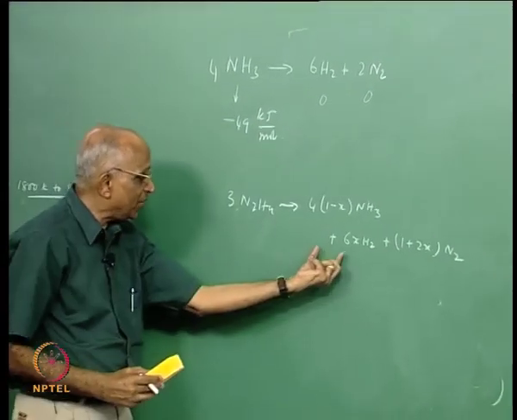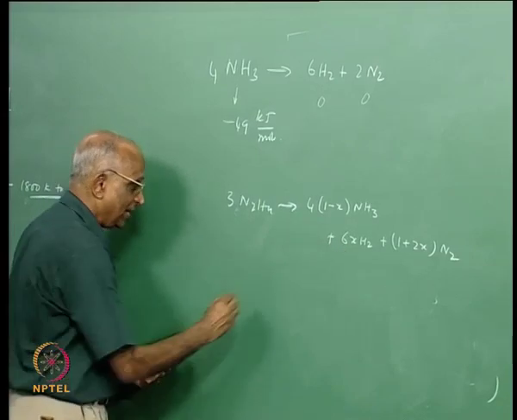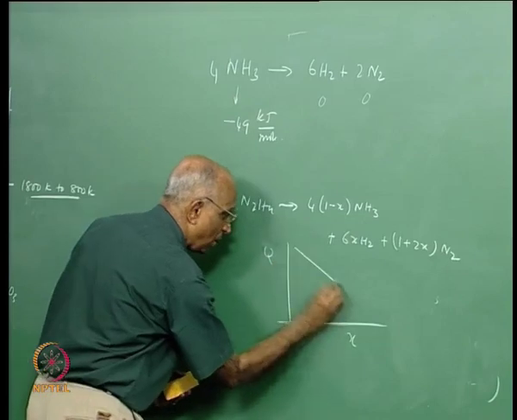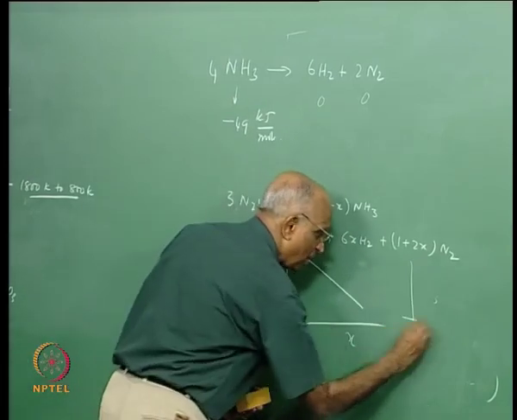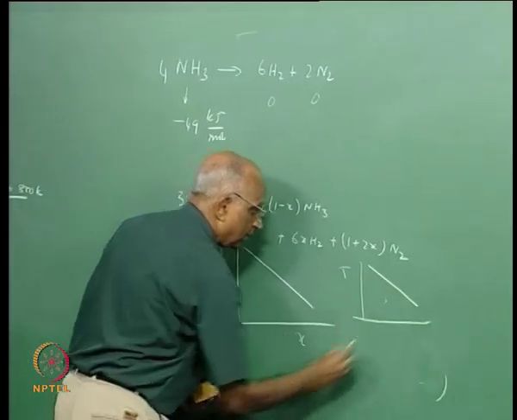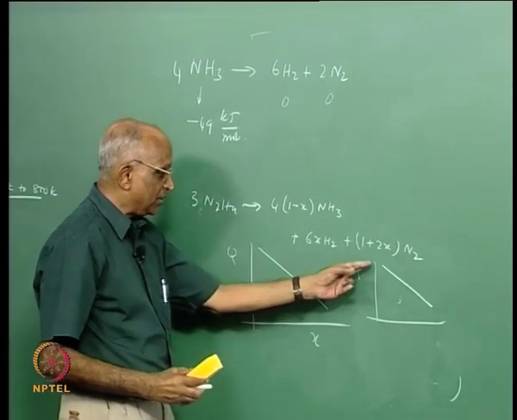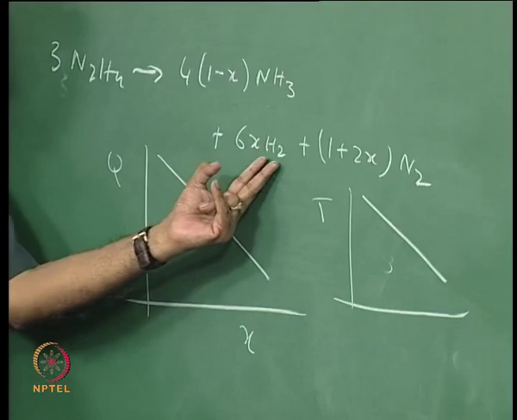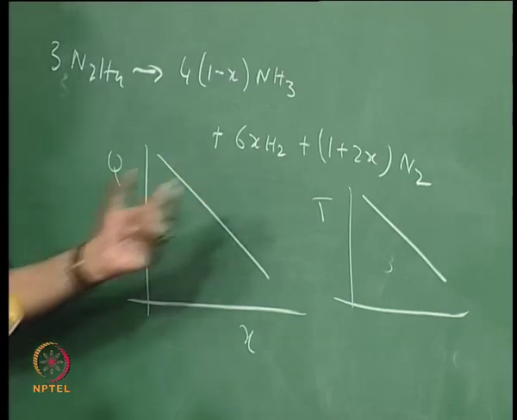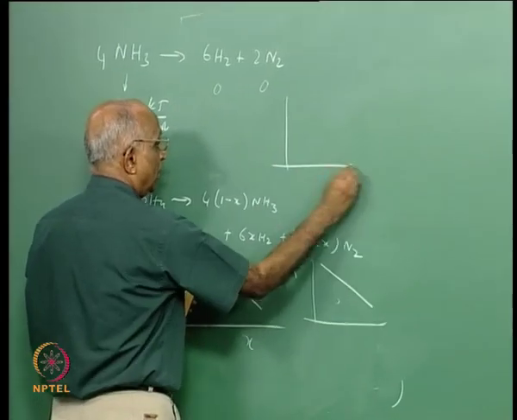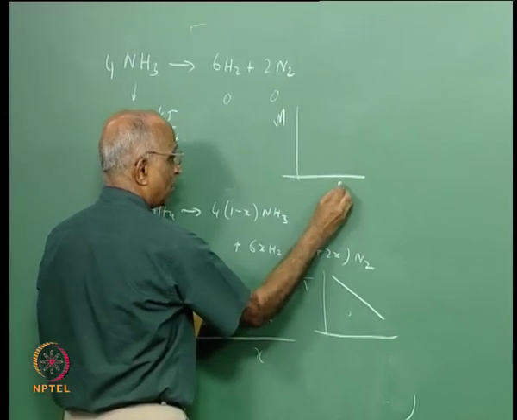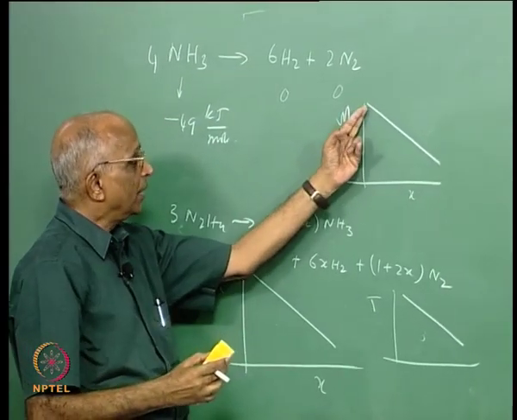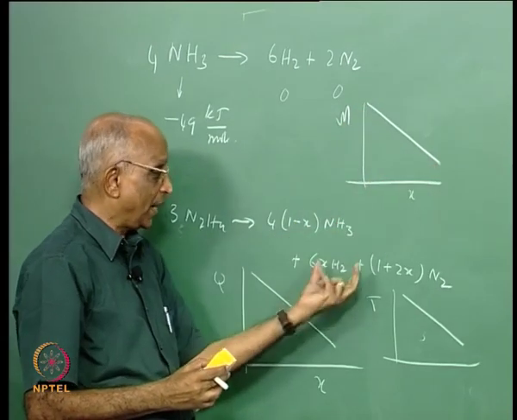And now if I find out the heat of formation, as X increases I find the heat liberated comes down, therefore the temperature comes down, and this is where I said temperature decreases from something like 1800 to 800. But I am getting more and more hydrogen. Therefore, the molecular mass of the products also decreases, from a value like 19 to something like 10; you can work it out.